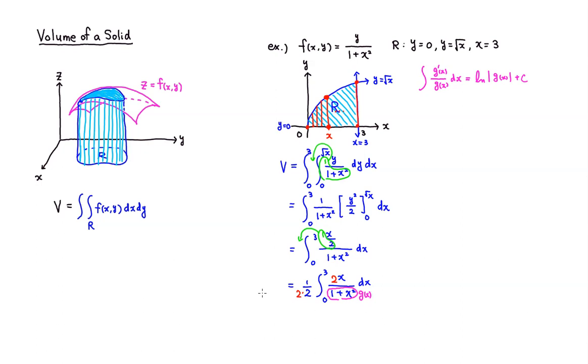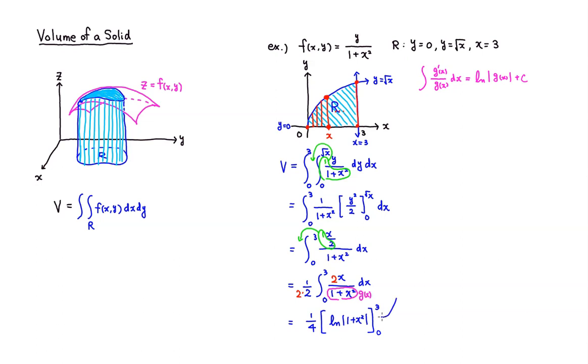There's an extra 2 on the bottom, so it becomes a 1/4, and the antiderivative of that is the natural log of the absolute value of 1 plus x squared. You don't really need the absolute value because this is never negative. And then we're going from 0 to 3.